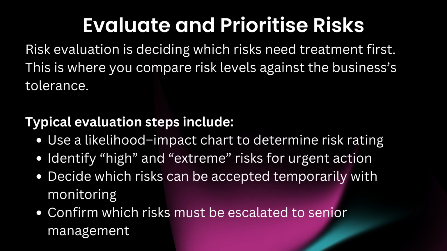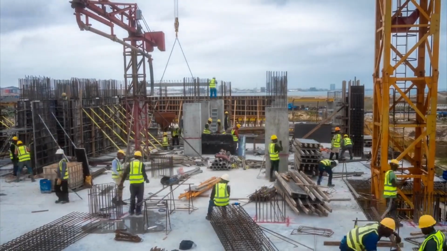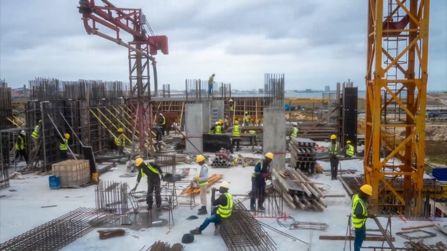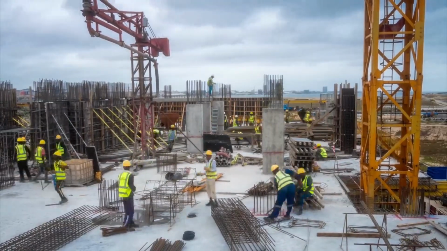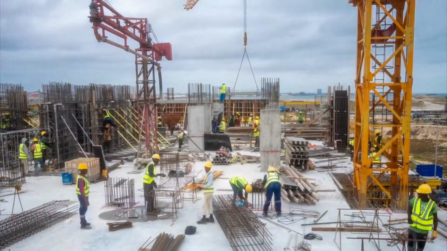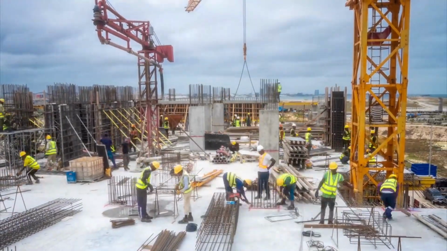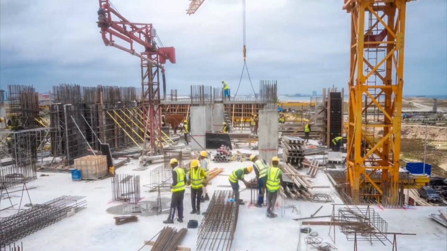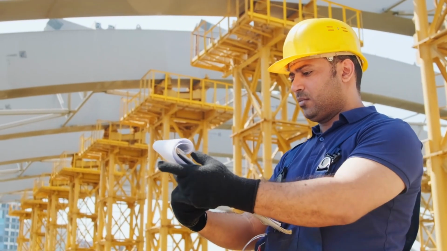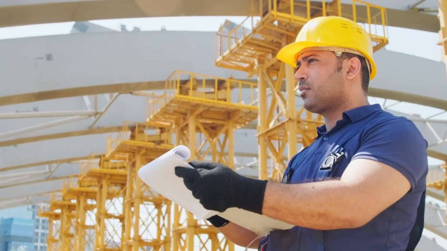Confirm which risks must be escalated to senior management. In construction, prioritization is essential because resources are limited. The risk process should clearly show what must be treated now, what must be monitored closely, what can be treated later with planned improvements. This turns risk management into action, not just documentation.